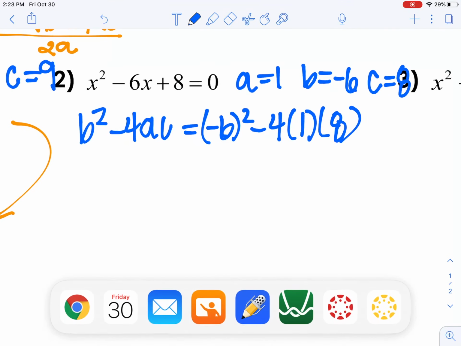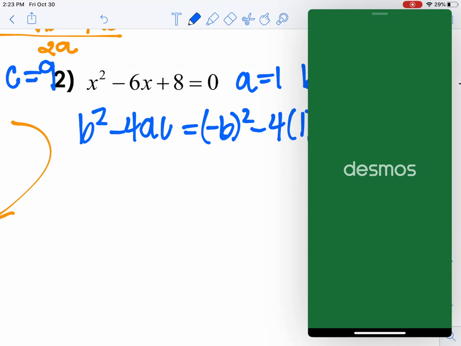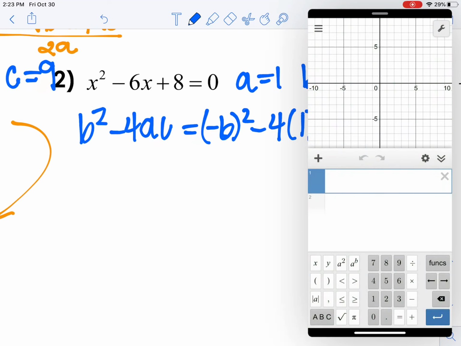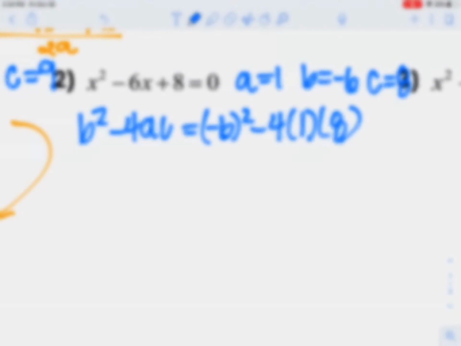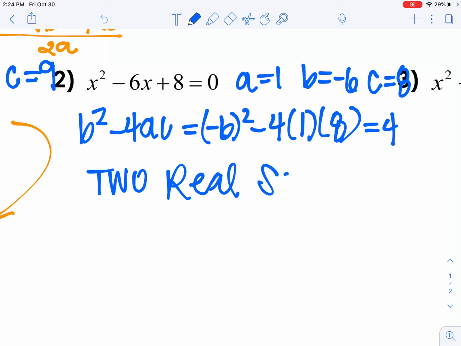Okay, well, Desmos, whoops, I'm sorry, would say 36 minus 4 times 1 times 8, which will be 32, is 4. Okay. So that's positive, which means we have 2 real solutions.